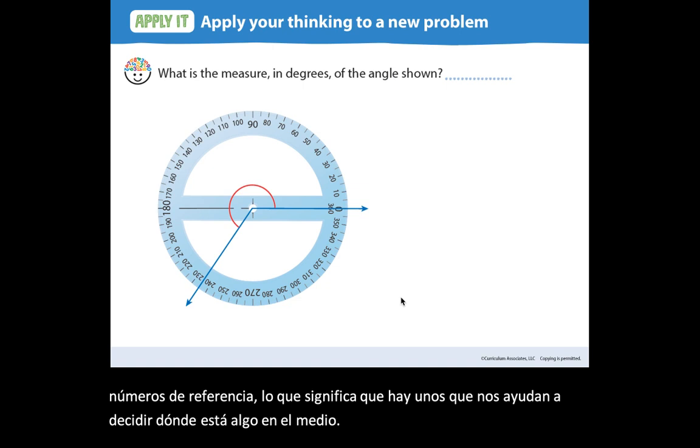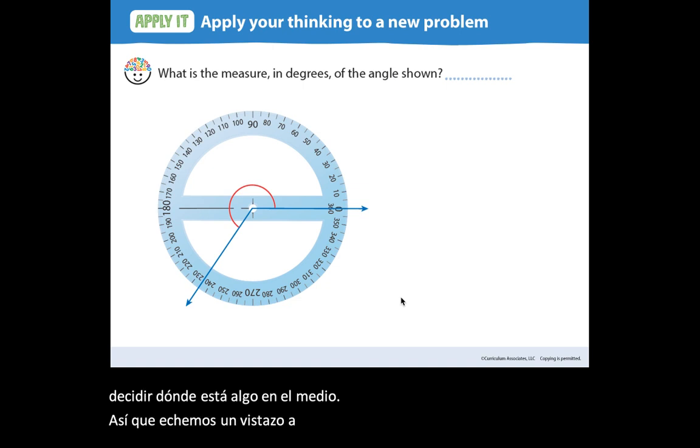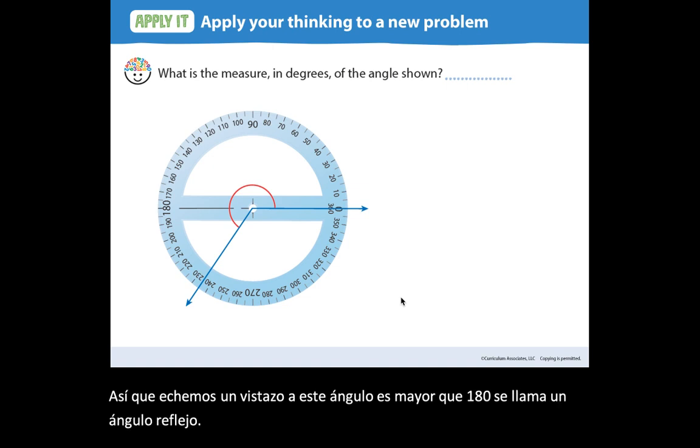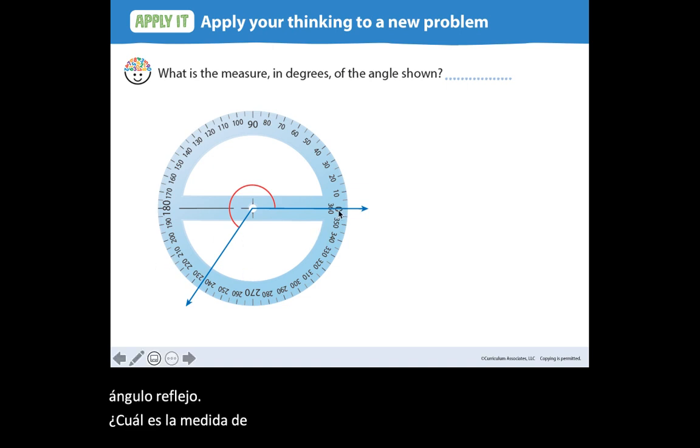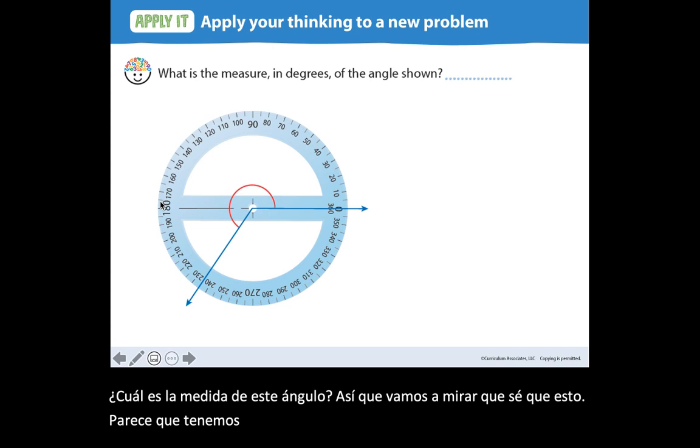So let's look at this angle. This angle is greater than 180. It's called a reflex angle. So what is the measurement of this angle? So we're going to look. It's like we have two protractors stuck together, and I'm going to go past 180 because I'm measuring the red part of the angle.